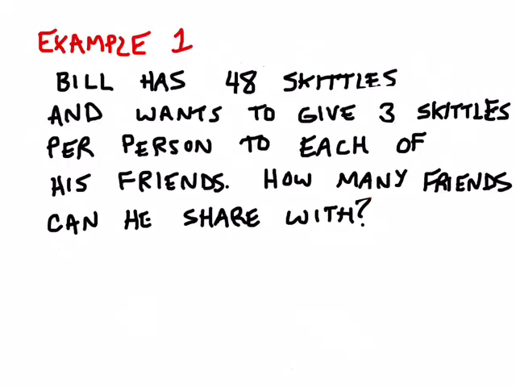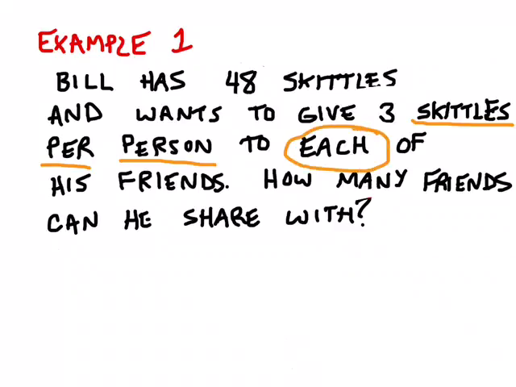So here's another example. Bill has 48 Skittles and wants to give 3 Skittles per person to each of his friends. How many friends can he share with? If I want to think about this, the very first thing that I would like you to start noticing is this idea of the unit rate phrase, which is always the same, something per something. You'll see other words that indicate unit rates. Actually, each here is one of them.